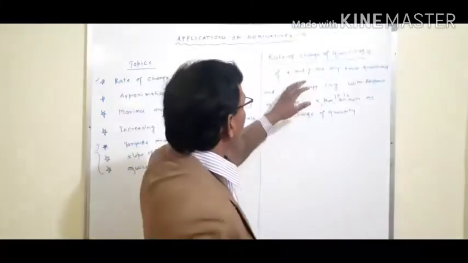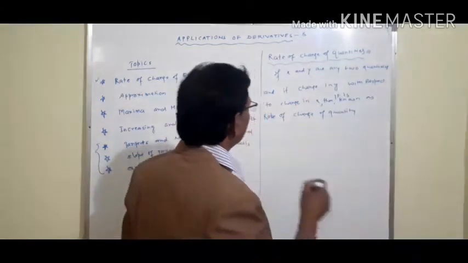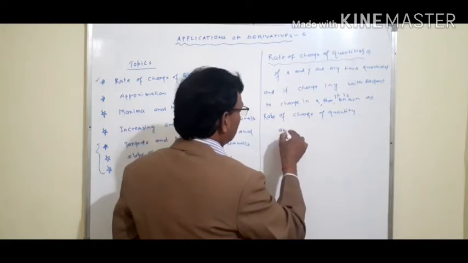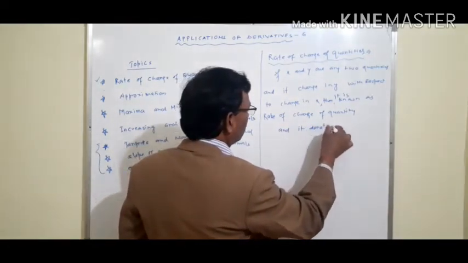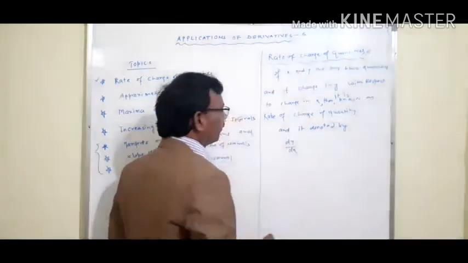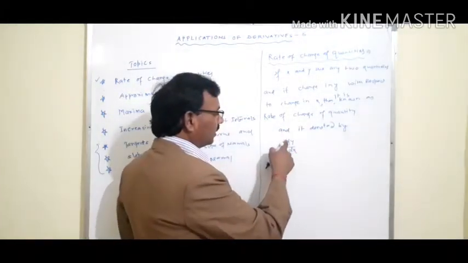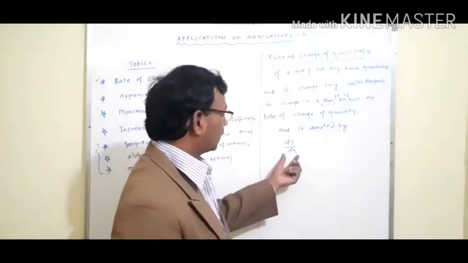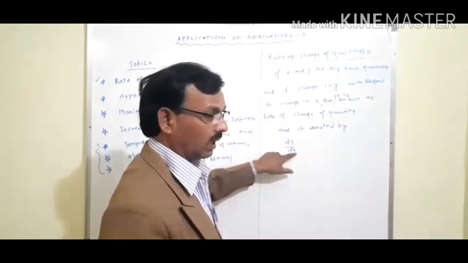If we denote the change in y with respect to the change in x, it is denoted by dy upon dx, where dy means change in y and dx is the change in x. Change in y depends upon the change in x.